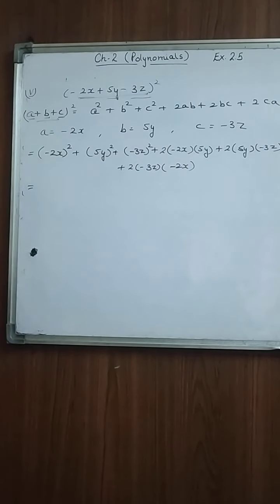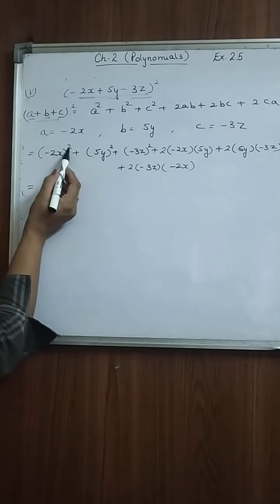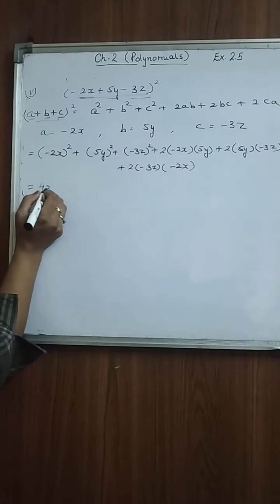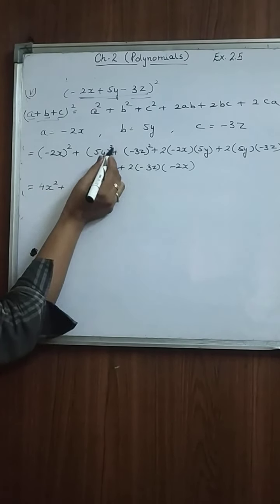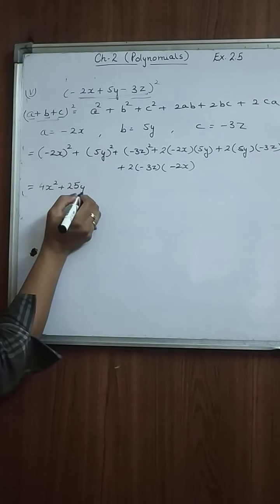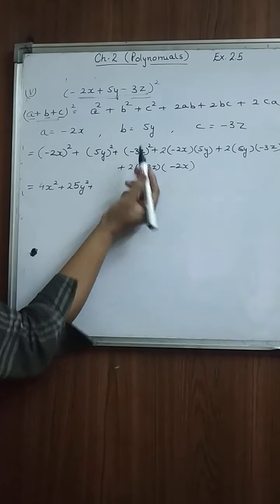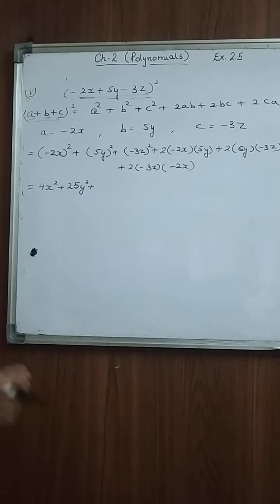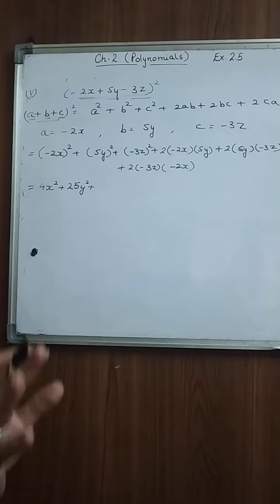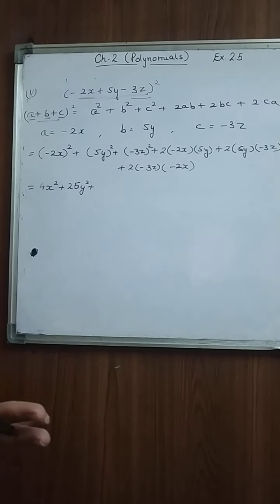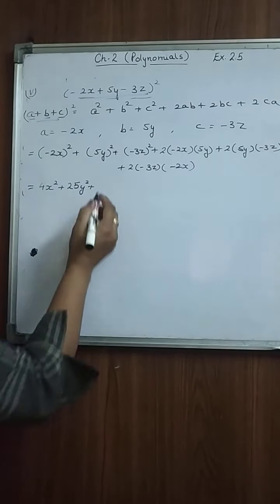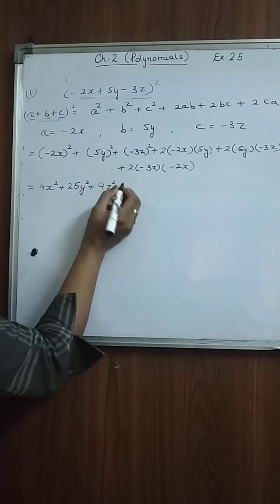Okay students, let's solve now. Minus square is always plus. So minus square is plus and 2 square is 4x square. 5 square is 25y square. Minus square is again plus. Actually the square of any integer, whether it is negative or positive, is always positive. Plus 9z square.